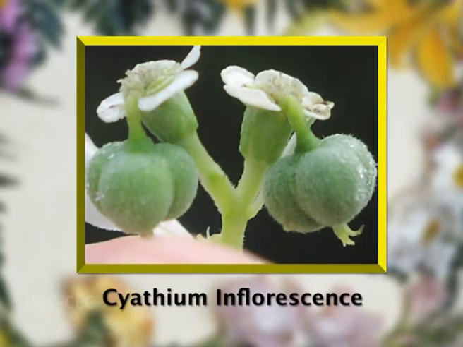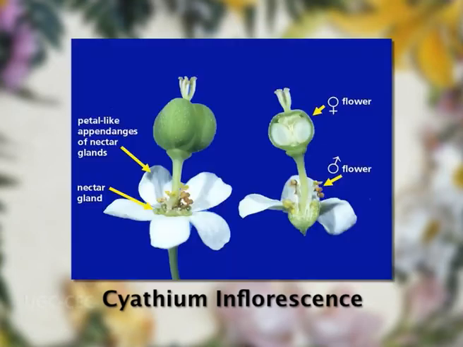In this type of inflorescence, the floral axis becomes condensed to form a small conical receptacle which bears reduced flowers without perianth. The latter contains a cup-shaped structure which is formed by the fusion of usually 5 bracts or the involucre. This cup-shaped structure is called cyathium and it may be green or petaloid.